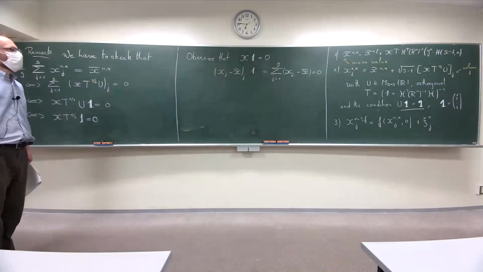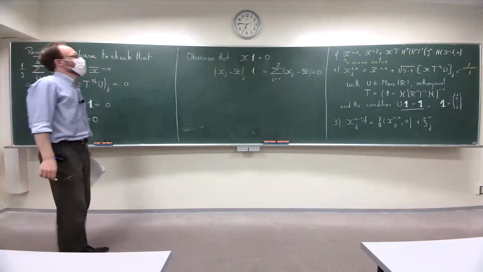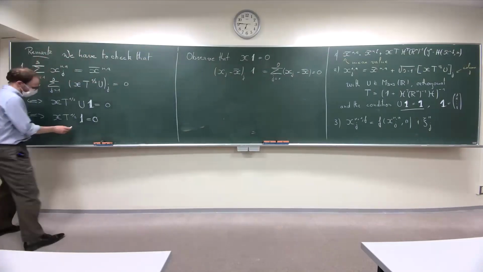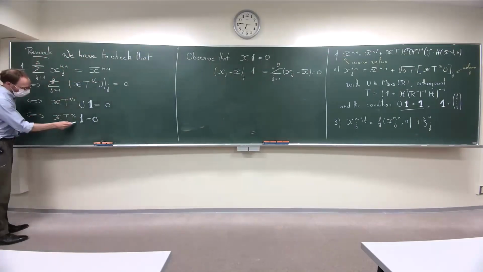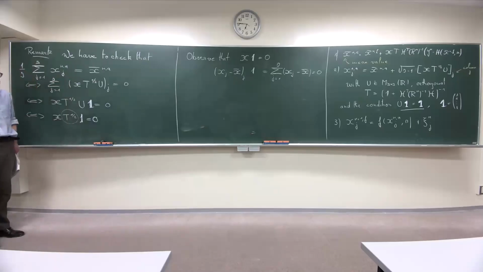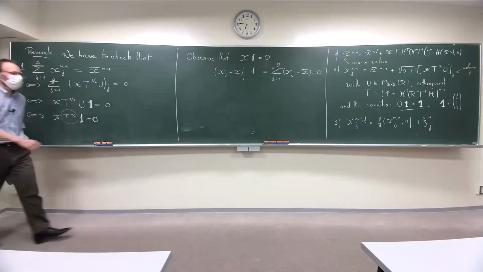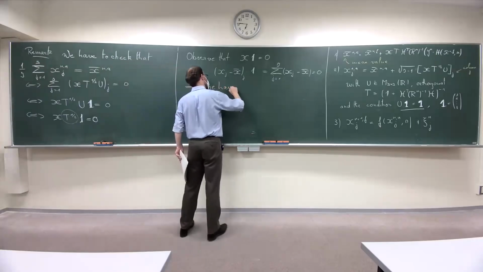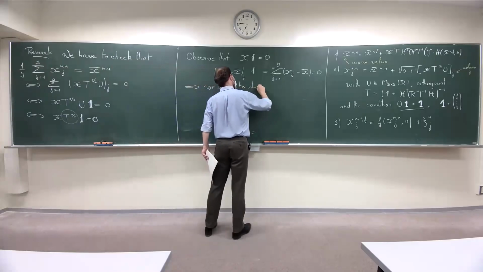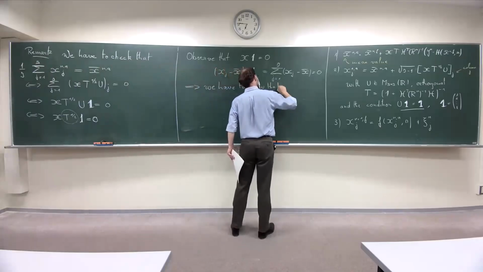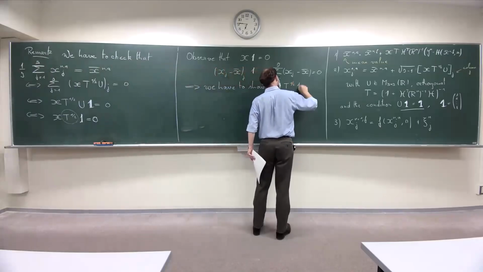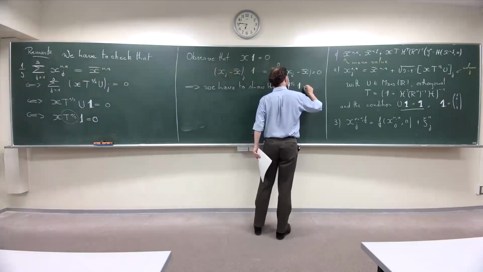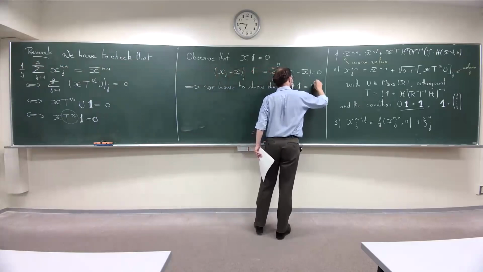All right. If I know this, I just have to show that this T^{1/2} applied to 1 gives me 1 again, because then that's okay. So we have to show that T^{1/2} on this vector 1 is 1 again.